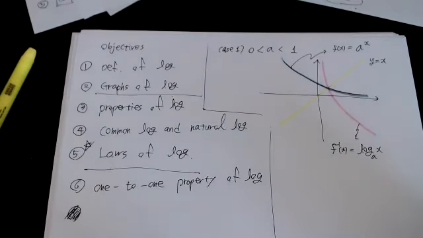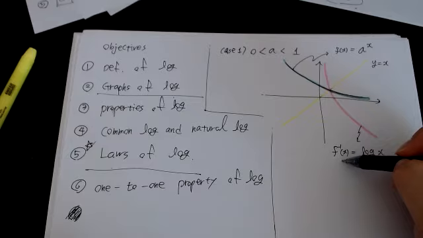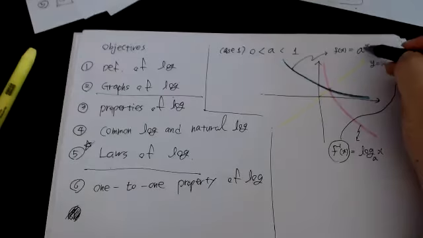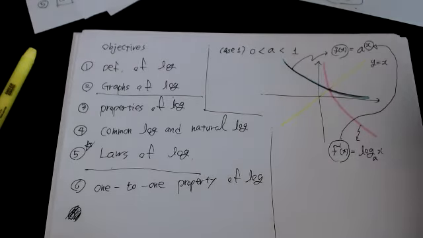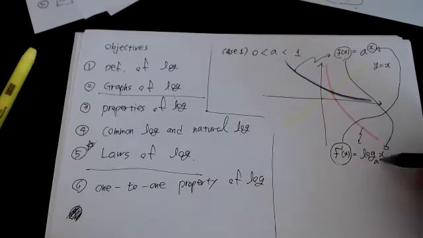So the key idea here is, f inverse of x represents what? It represents x in the exponential function. And f of x, actually the y value of the exponential function, represents what? The x in a log function.